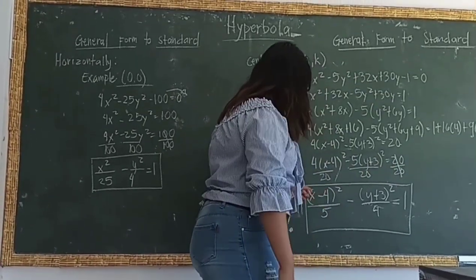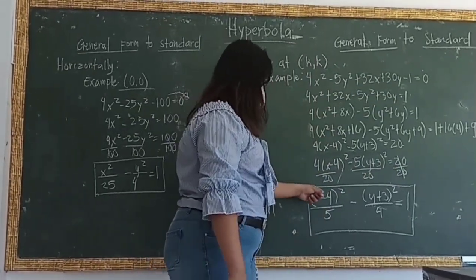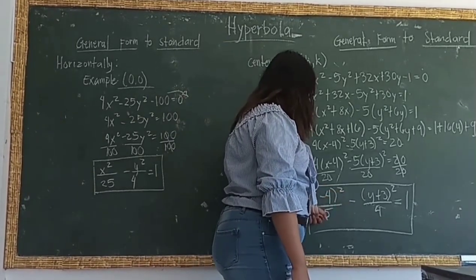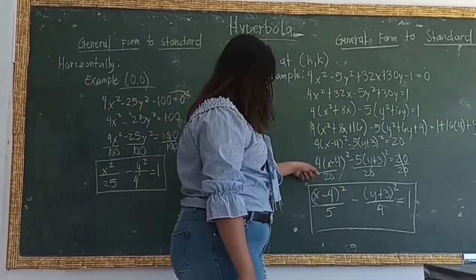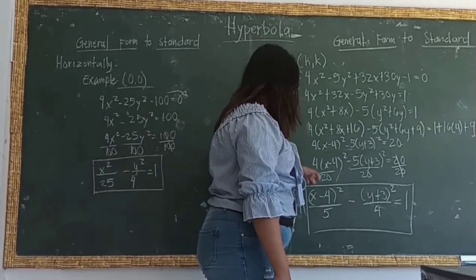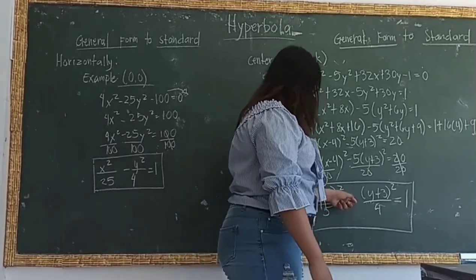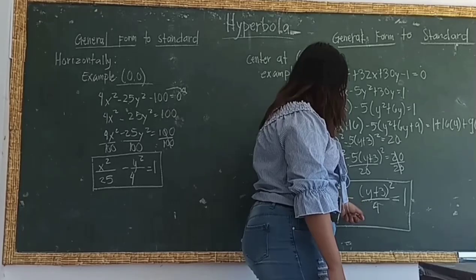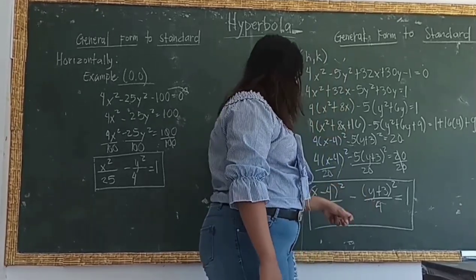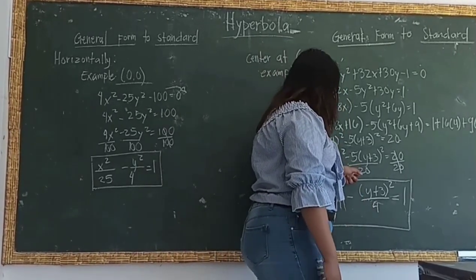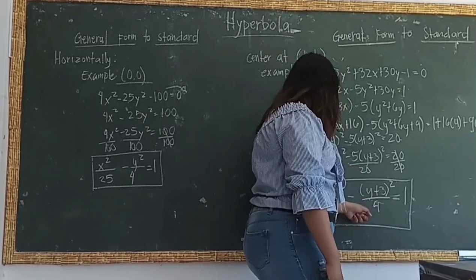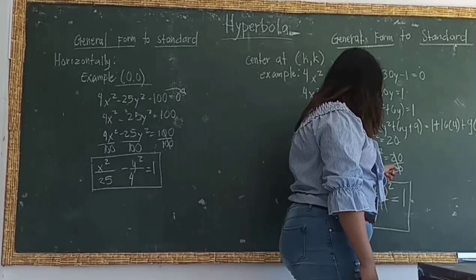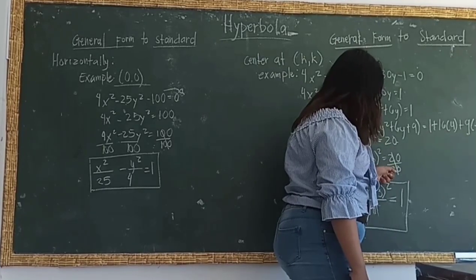Then x plus 4 squared over 5. We get this 5 because 20 divided by 4 is equal to 5. Then minus y plus 3 squared over 4. We get this 4 because 20 divided by negative 5 is equal to 4. So 20 divided by 20 is equal to 1.